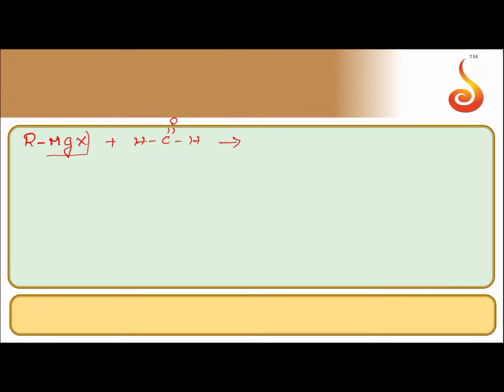The shortcut is to remove MgX of the Grignard's reagent and put CH2OH. So the product obtained is RCH2OH. Again, when a Grignard reagent reacts with formaldehyde, remove MgX and put CH2OH.